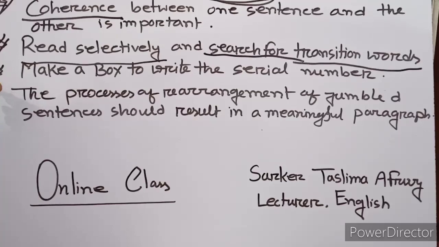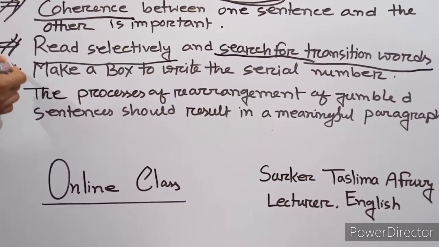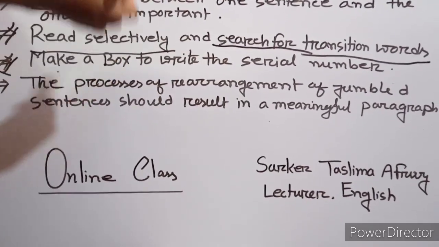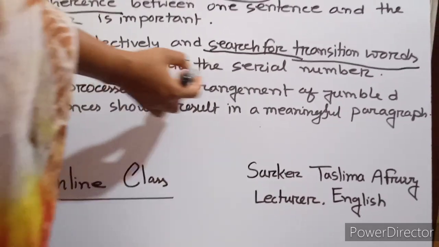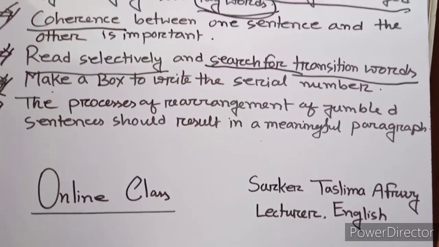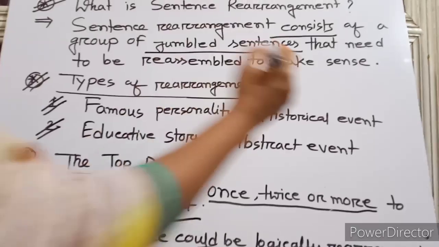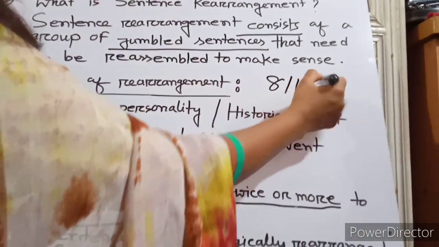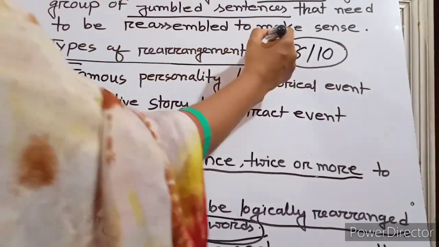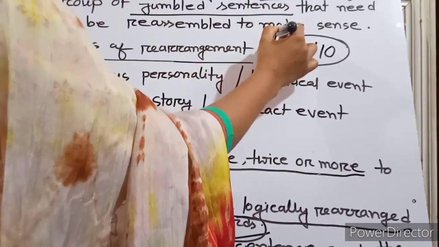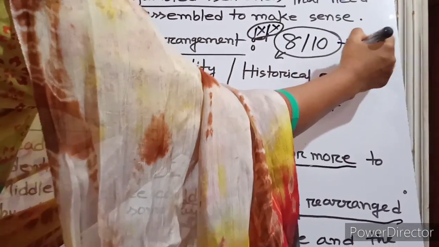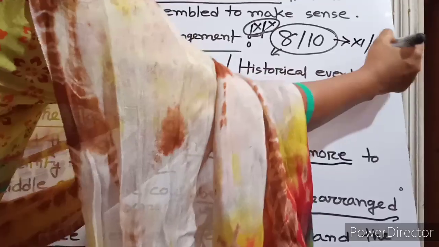Next one is very important for you. I wrote here, make a box. That means you have to prepare a box to write the serial number. As I told you earlier, there may be 8 or 10 sentences for you. 8 sentences for class 9 and 10 students, and 10 sentences for the students of class 11 or 12.